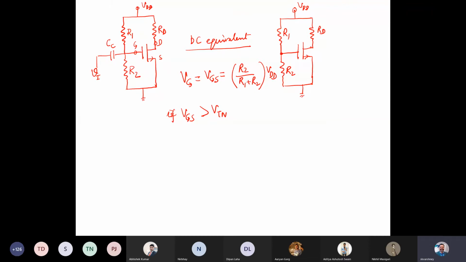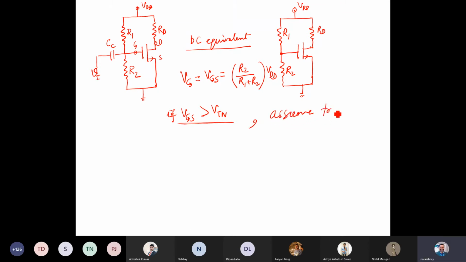It may happen that, from the circuit analysis, this doesn't hold, which means the assumption is wrong. But we start with the assumption that the transistor is biased in saturation.